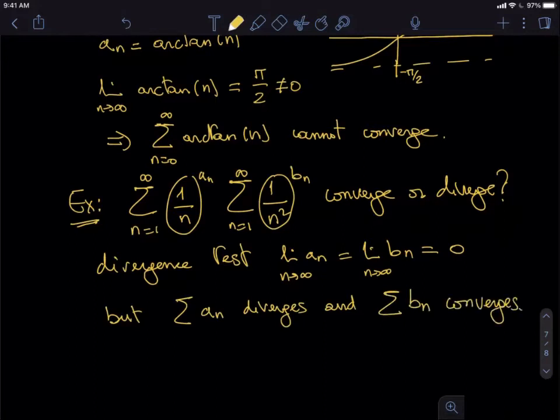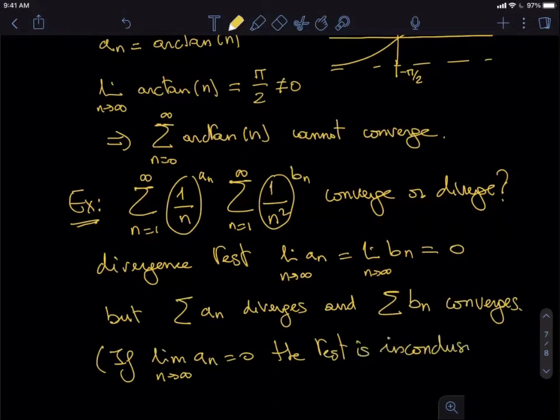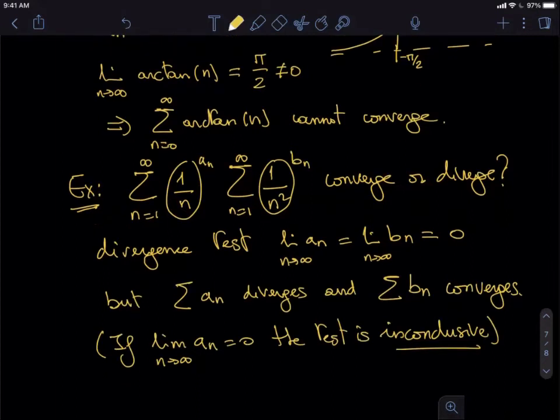So if the limit of a_n is actually 0, the test is inconclusive. This means we cannot conclude anything from this test.